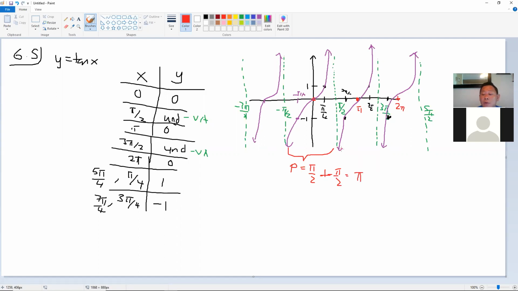That means that every pi, you will get a new cycle or a new period for tangent. Remember last time the period is 2 pi over b. Since the period here is pi, the formula to find the period for a tangent graph is actually pi over b. So do not use 2 pi over b for tangent, because your period here is no longer 2 pi, it's only pi. Anyone have any questions about the tangent graph?